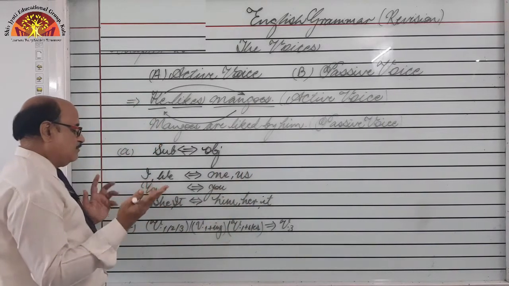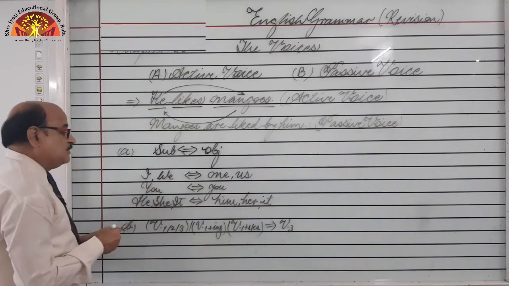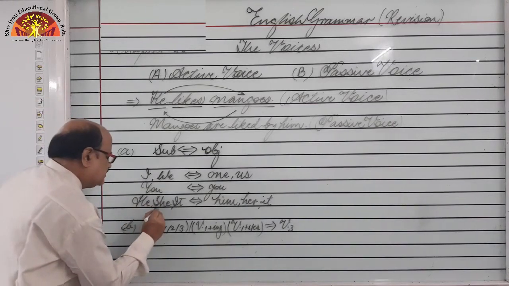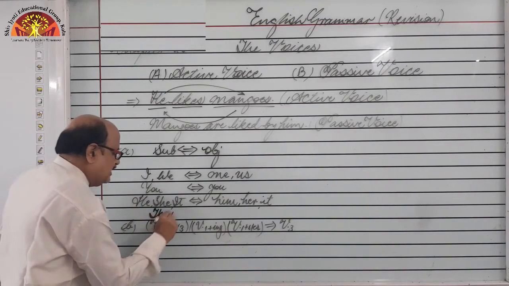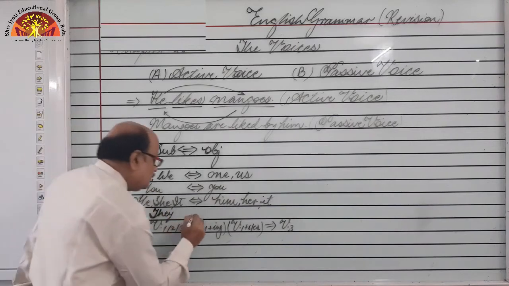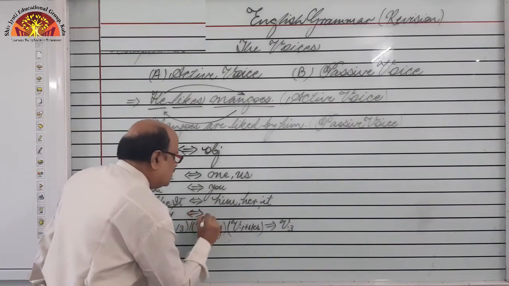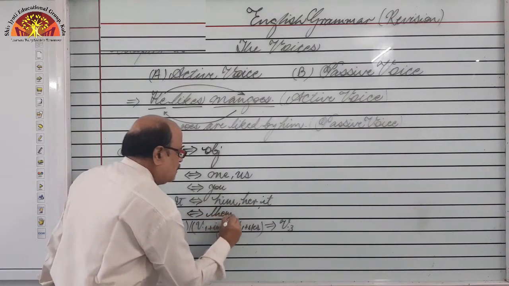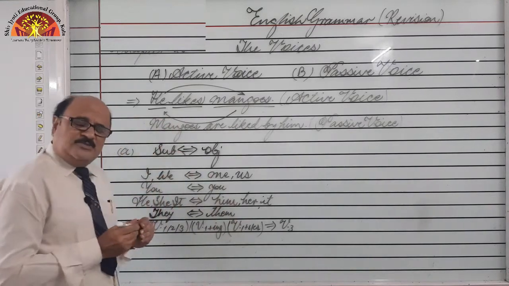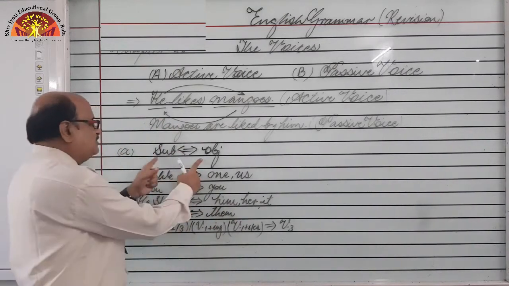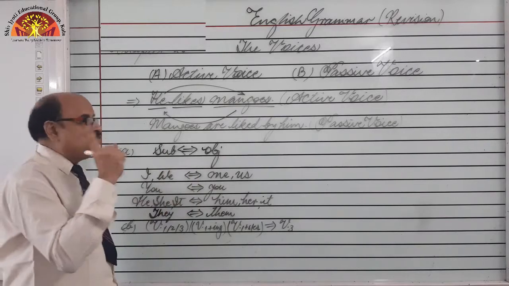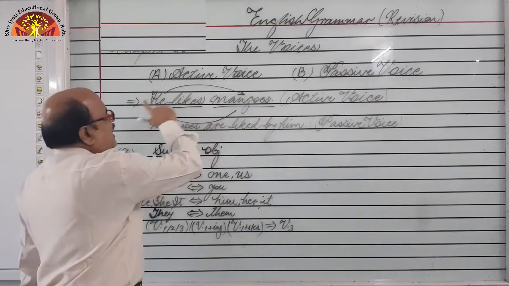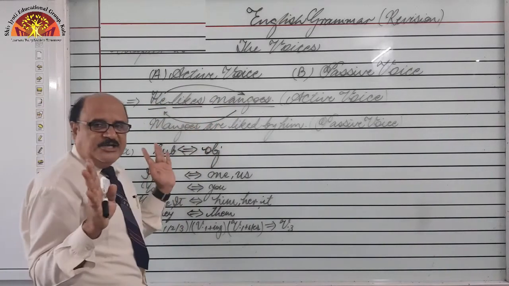If by chance the subject is they, sometimes, it will be changed into them. So it must be clear to you, right? Subject and objects have been changed. This is rule number 1. In this way they have to be swapped or interchanged.